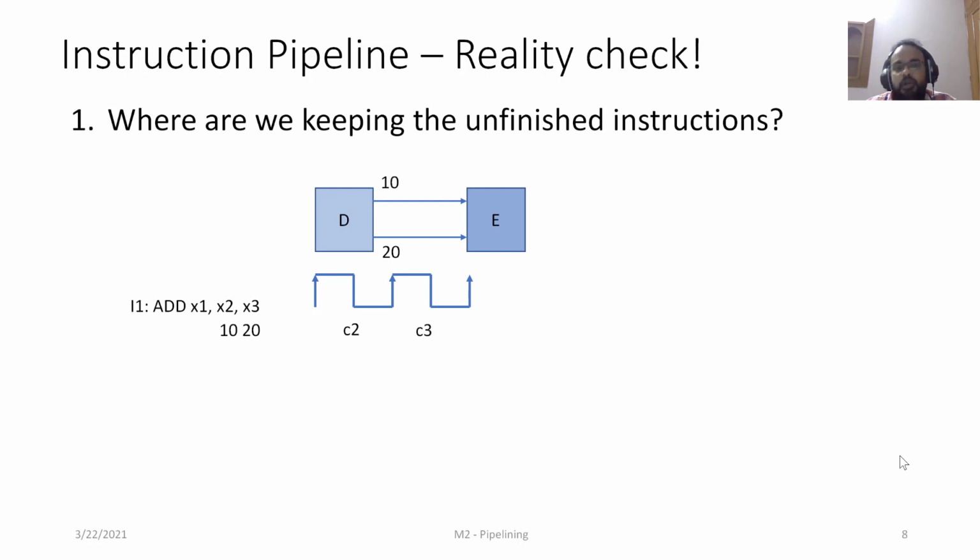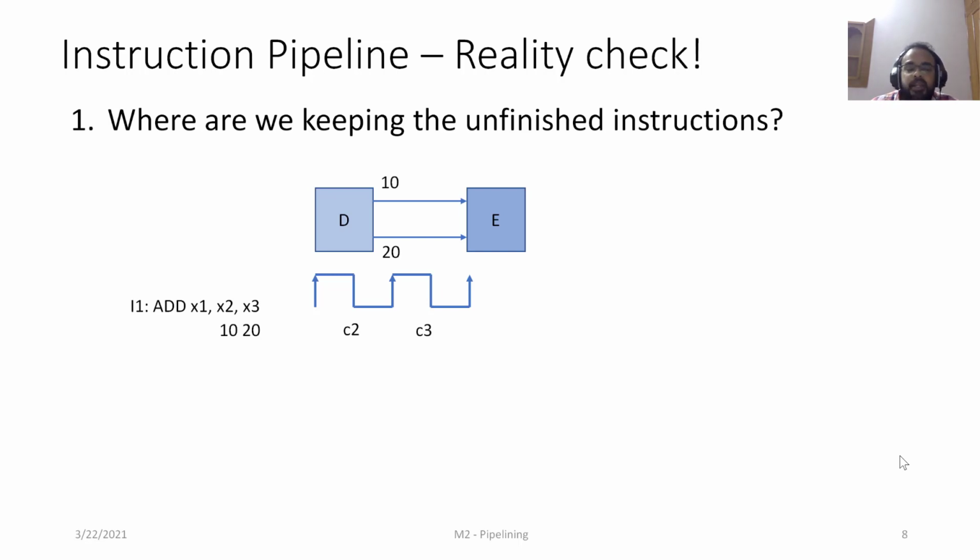In cycle 3, what we actually expect is that the execute stage or the ALU would be working on these values 10 and 20, will add them, and the resultant value 30 will be ready by the end of cycle 3.